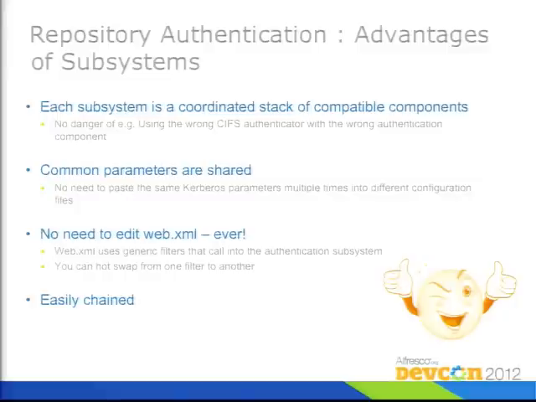So each time we upgrade, we should take back again the section configured in the web.xml and put it again in the new application. This stops, no more need for similar stuff. With the subsystem, you will never need to touch your web.xml file.